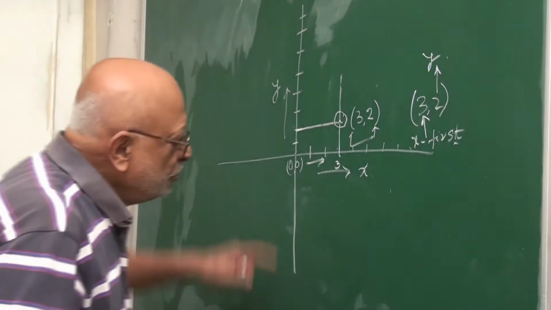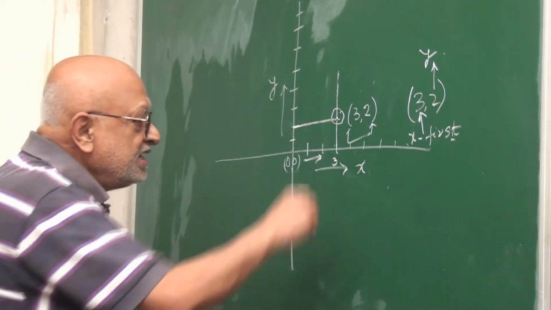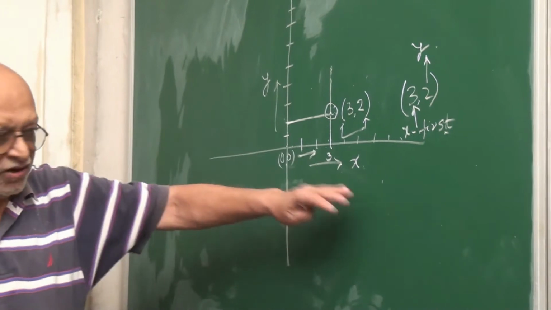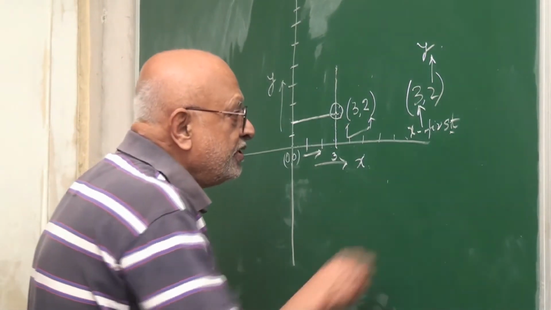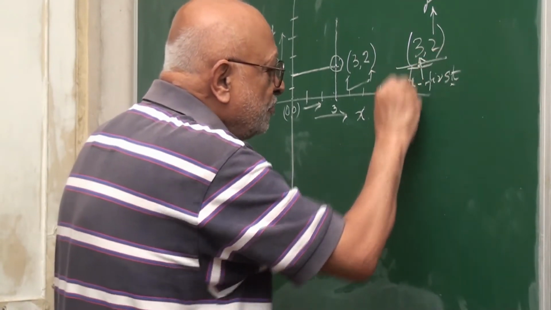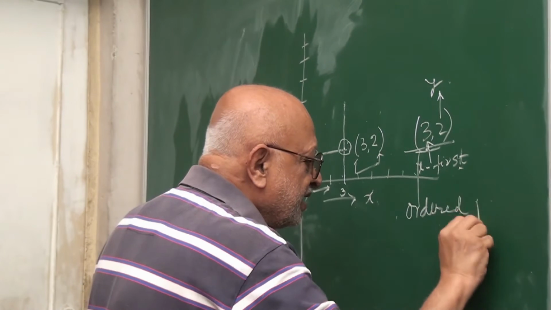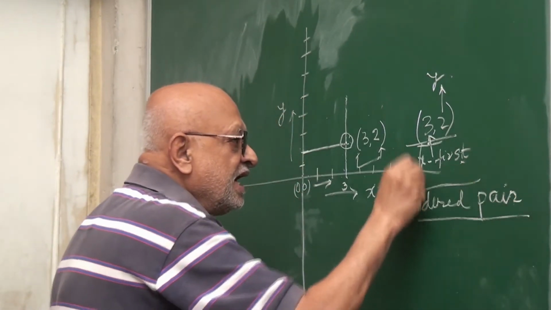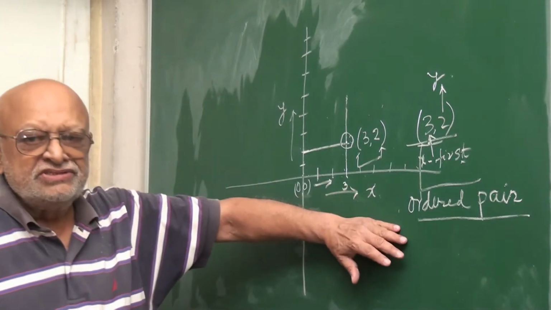So you go 3 units on this side and 2 units on this side to locate this point. And this would be necessary for us in order to understand this. This kind of thing is known as an ordered pair, because this principle has to be followed.